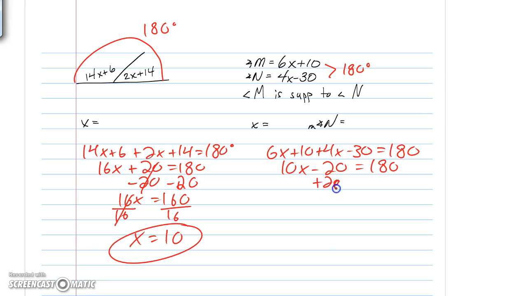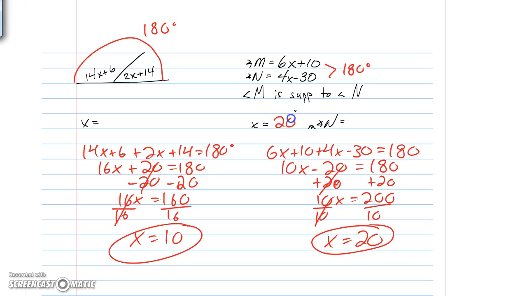Add. 10x equals 200 and divide by 10. Again, if you need to go back at all on this, go ahead and do it. So you get x equals 20. And again, here's the easy part. Go ahead and plug that 20 into angle n. 4 times 20 is 80. 80 minus 30 is 50 degrees. So now you figured out angle n.